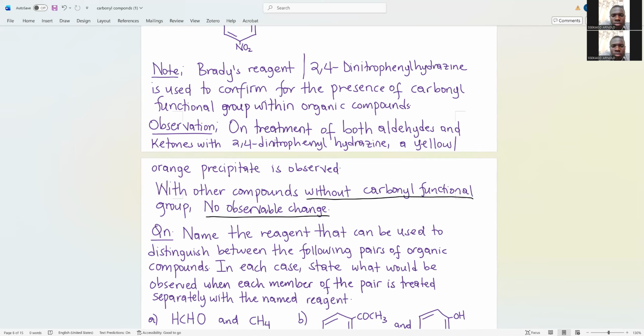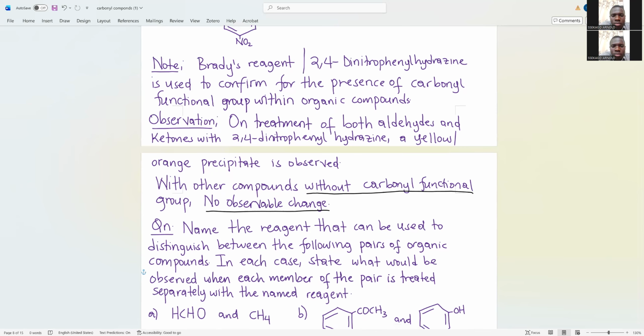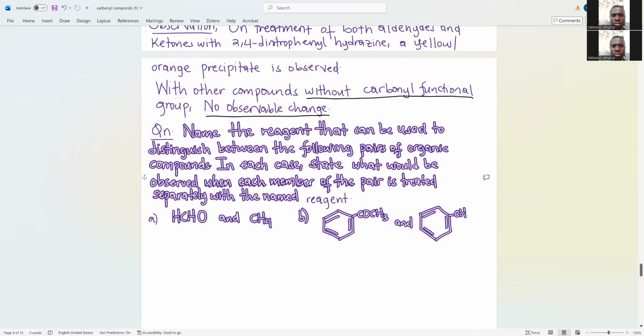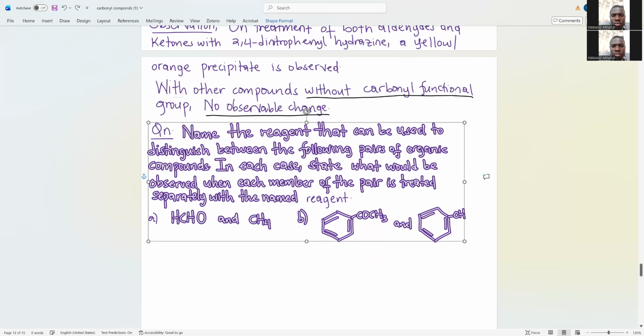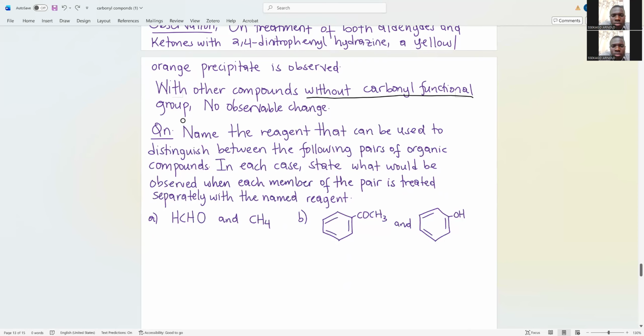So there is this very simple, quick question which you can think about. Here we have some compounds. Name the reagent that can be used to distinguish between the members of these pairs. So you realize that here we have a carbonyl compound and a hydrocarbon.